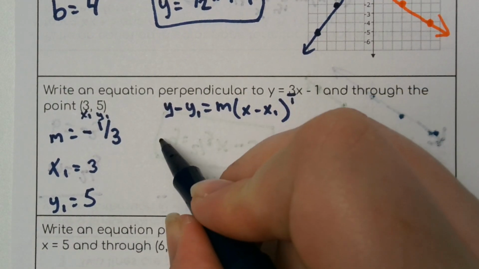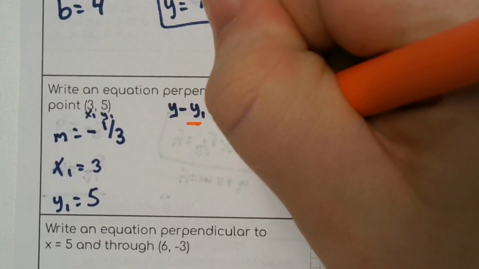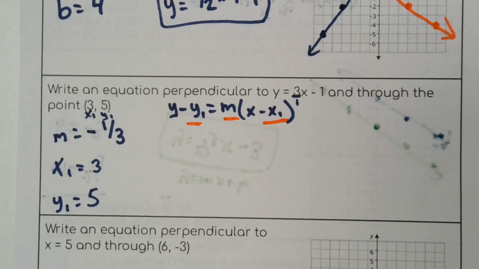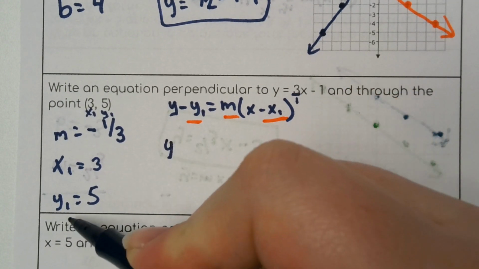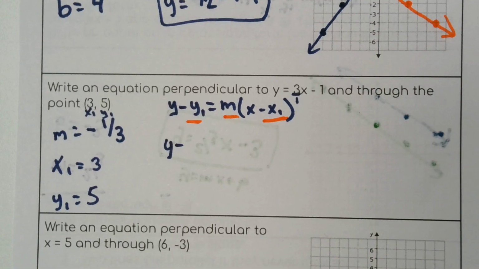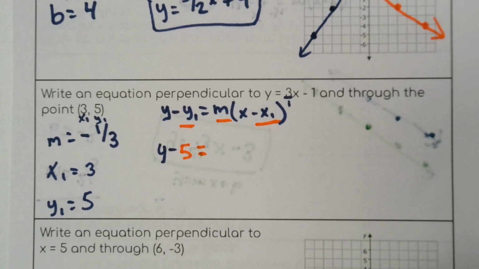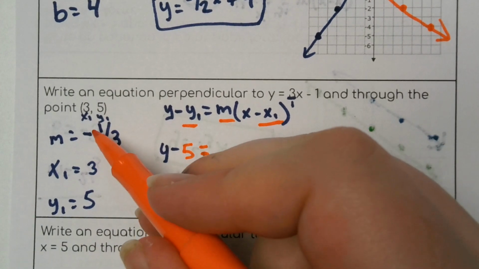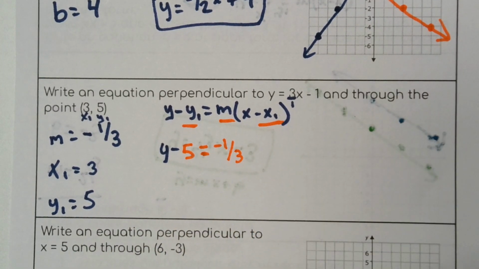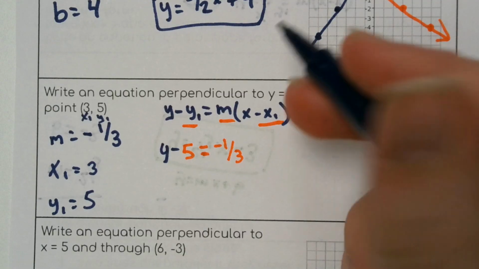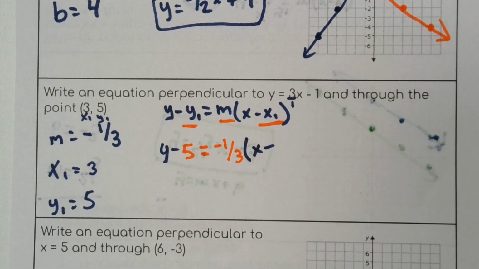So we go ahead and plug that in, and remember, only these 3 parts change. So we do y minus 5, since it's a positive 5, equals our slope, negative 1/3, x, and then minus 3.